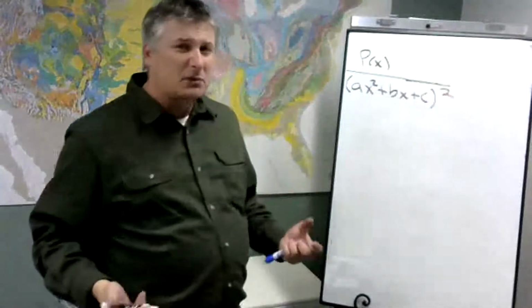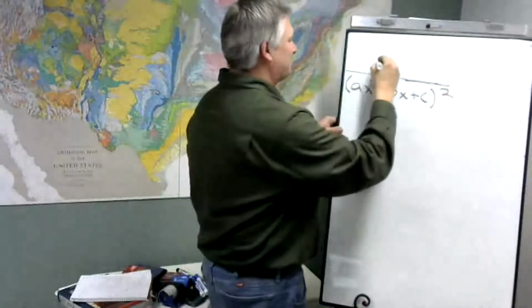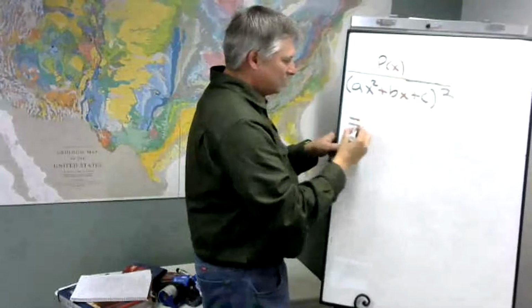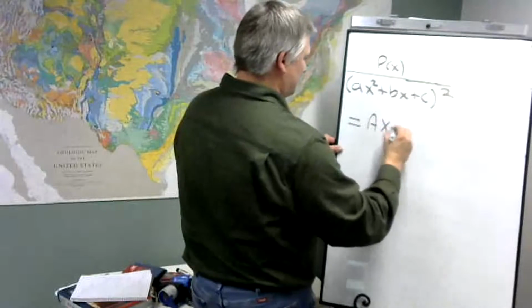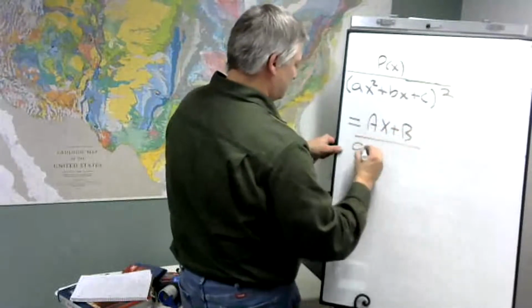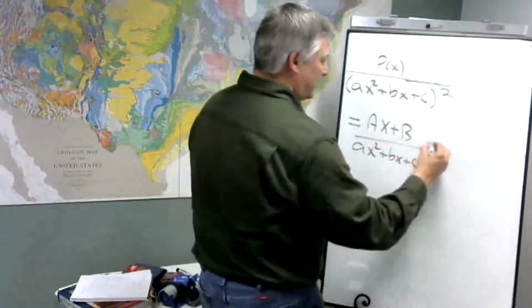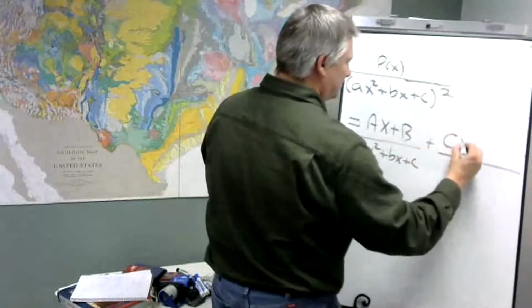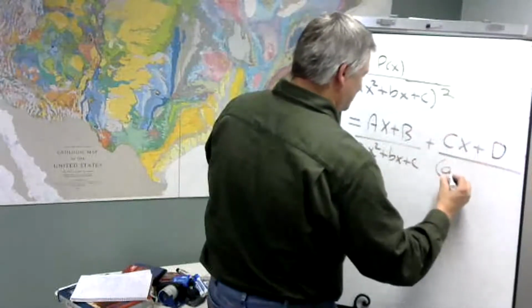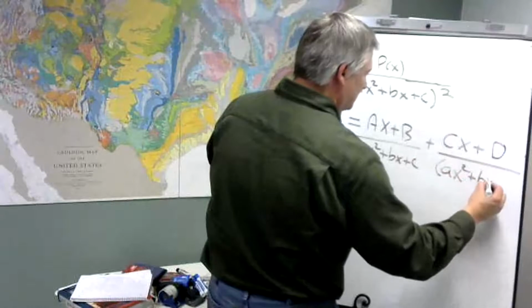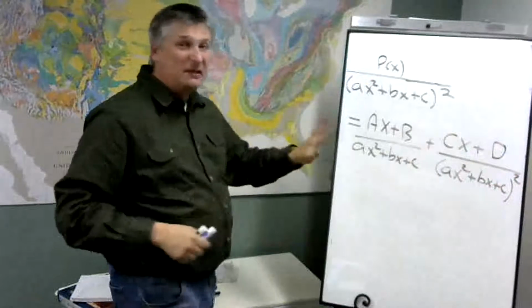Instead of being (ax + b)², let's say it's ax² + bx + c. I'm just going to center my P(x) here. Well, what this means, there's an ax + b over ax² + bx + c, plus cx + d over (ax² + bx + c)². So it gets a little more complicated.